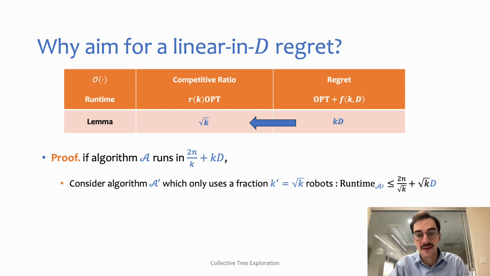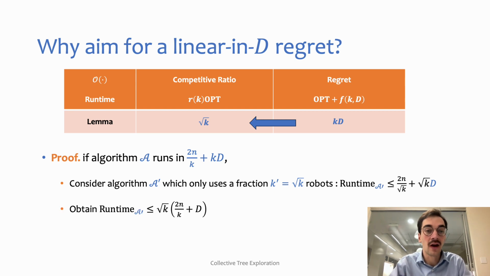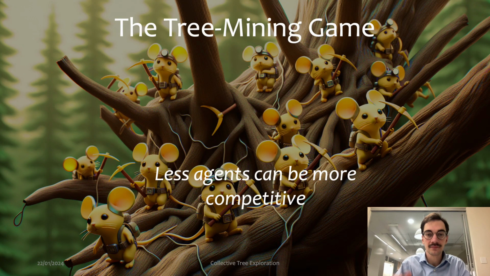Then the runtime of this algorithm is bounded by 2n divided by square root k plus square root k times d. Now if you factor out square root k, you obtain the competitive ratio in big O of square root k. So this is actually kind of counterintuitive, because the algorithm that is the most competitive, we know, doesn't use all the robots, or more precisely, it only uses a very small fraction, a square root k fraction, of the robots.